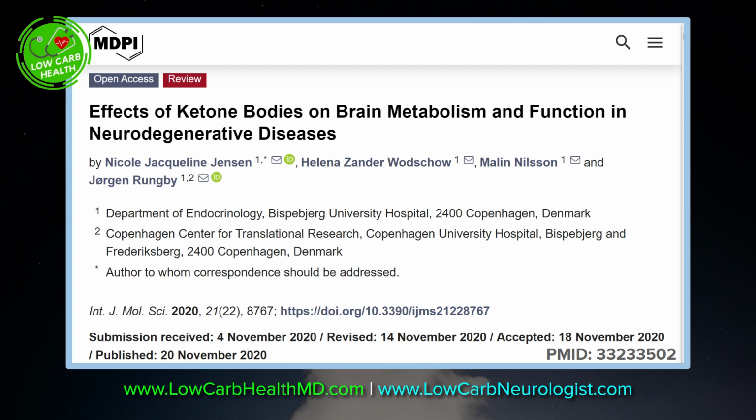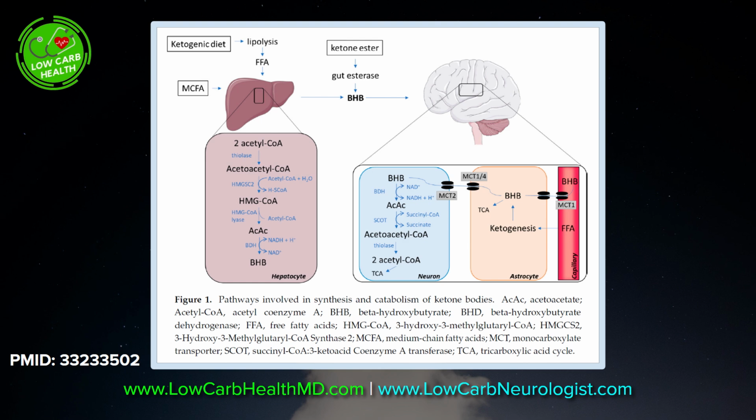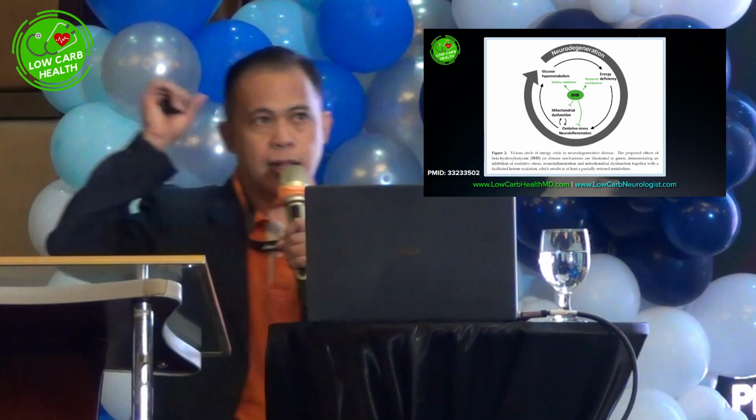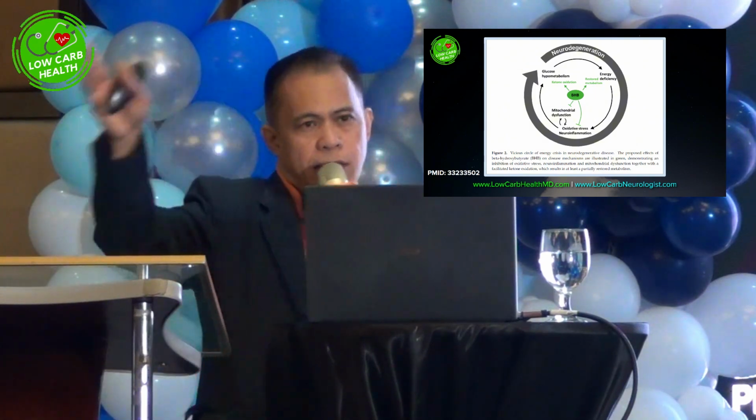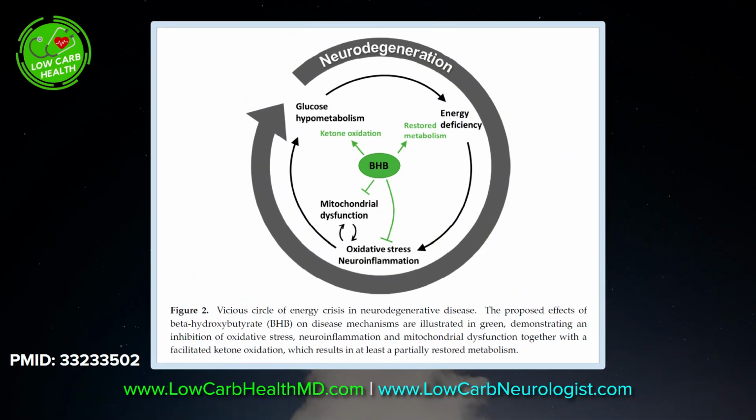Okay, this is an illustration. BHB goes into the brain and attaches to the monocarboxylate transporter so that it can enter the neurons and the astrocytes. The mitochondria of the neurons and the astrocytes use it for energy. In cases of neurodegeneration like Alzheimer's, Parkinson's, Huntington's, and multiple sclerosis, there is actually hypometabolism of glucose because of brain insulin resistance, and there is a deficiency of energy in the brain.